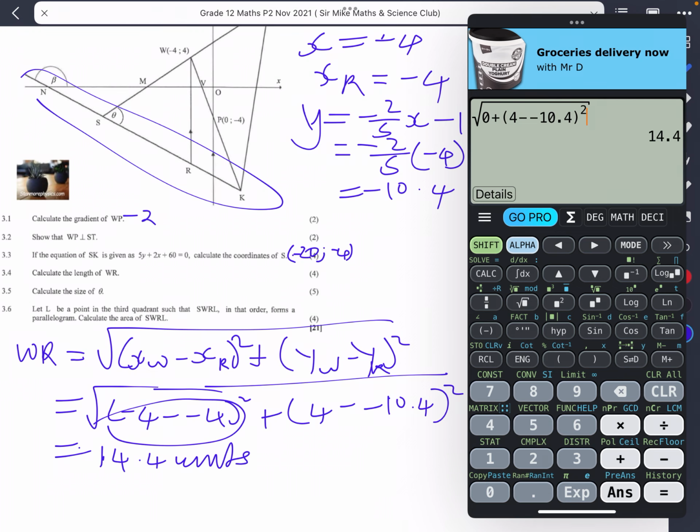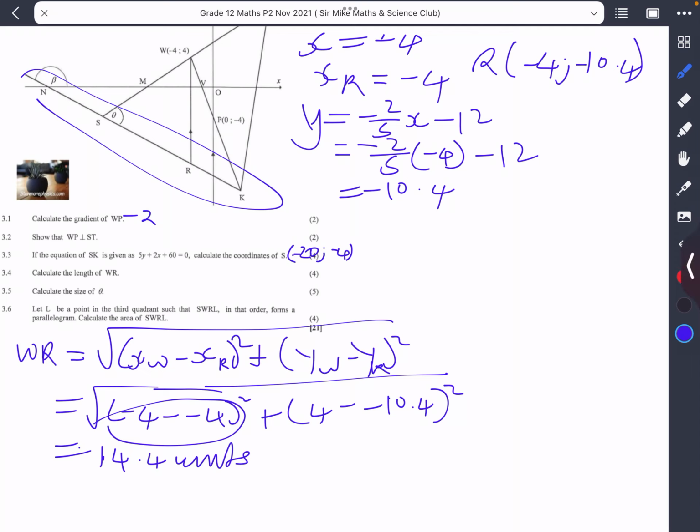So that would be the length of that line WR, which equals 14.4 units. And also I know that point R has coordinates negative 4, negative 10.4.